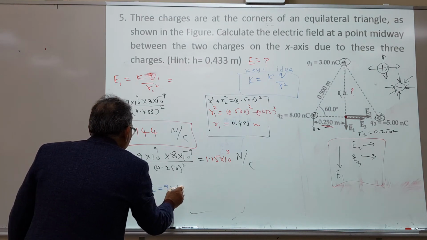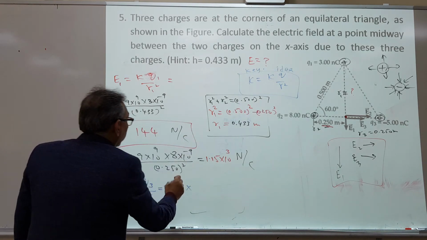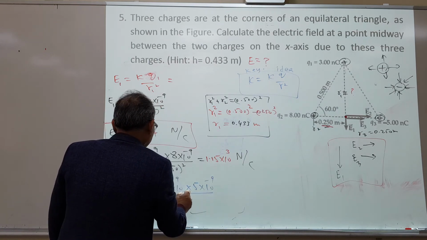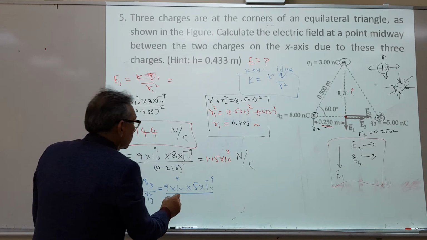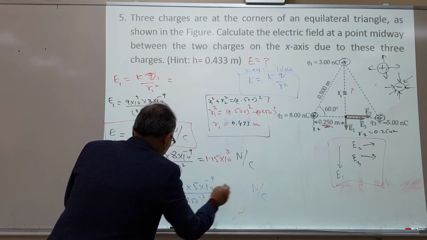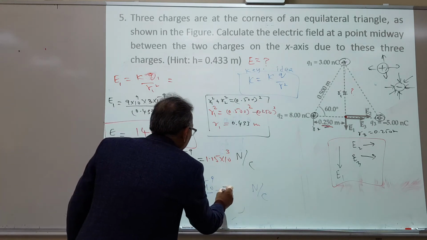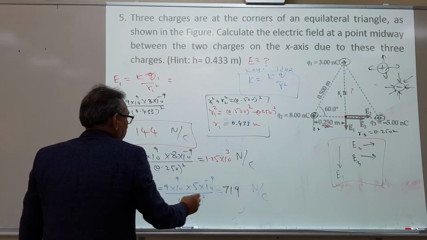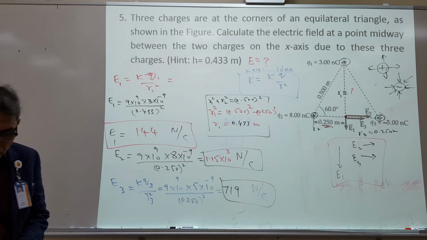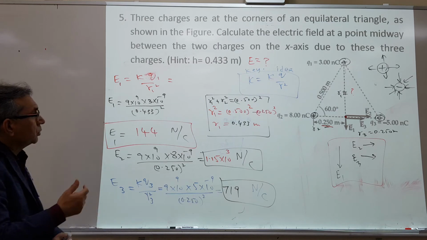Again 9 times 10 raised to power 9, which is K, Coulomb's constant. Q3 how much? 5. We take only the magnitudes, not negative, keep in mind, divided by R3, 0.250 square. So you would get E3 719. So these are three values. This is E3, this is E2, this is E1. Now you see what we do. Can I go to the next page please?